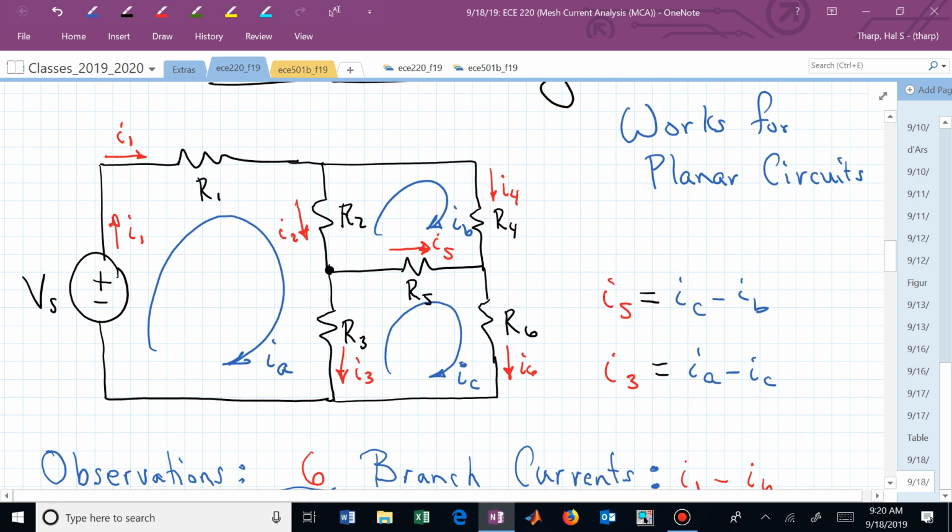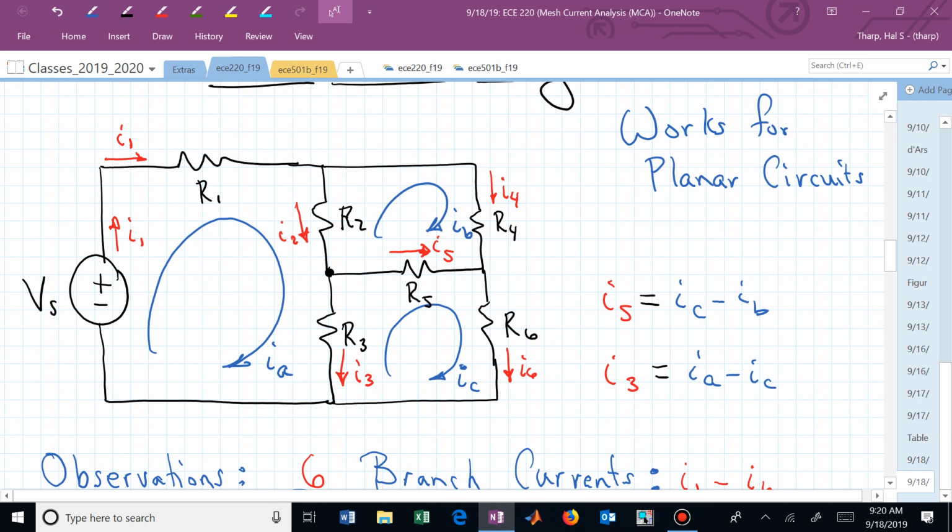What about KVL around mesh B? Let's start again in the lower left-hand corner of mesh B. Now we want to know what's the voltage dropped across R2 when we go from bottom to top, and that's going to be a positive.